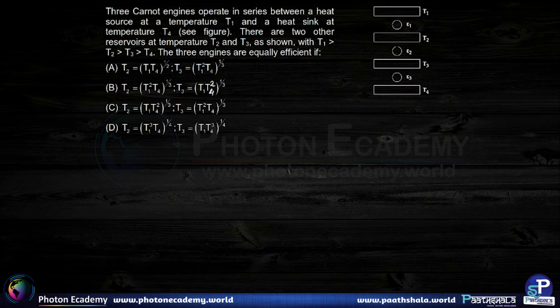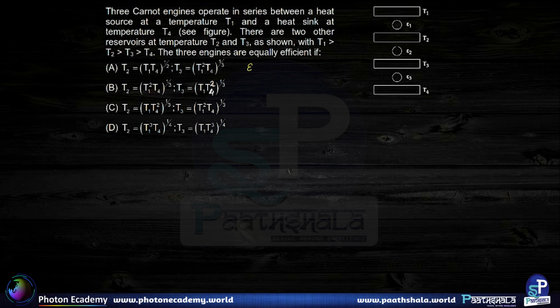We know from thermodynamics the efficiency of a Carnot engine is given as E is equal to 1 minus temperature of sink divided by temperature of source.